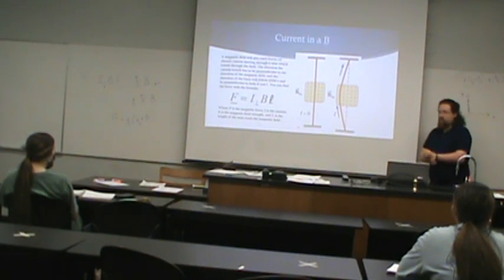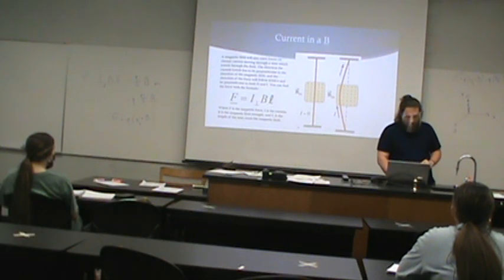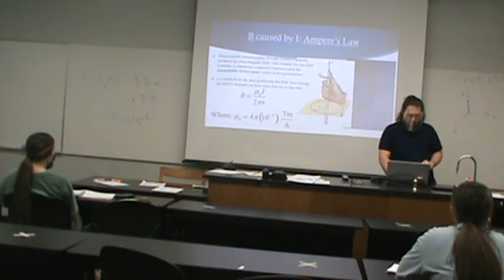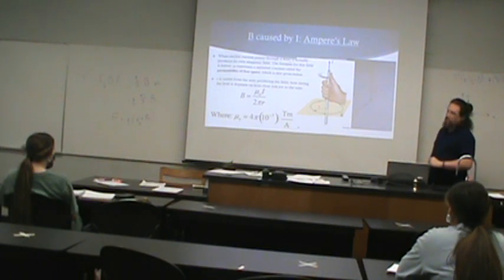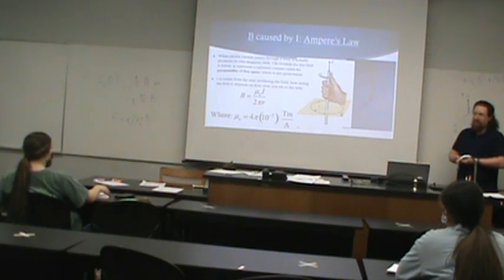And this becomes more measurably problematic when we start talking about how a wire with current running through it produces its own magnetic field.